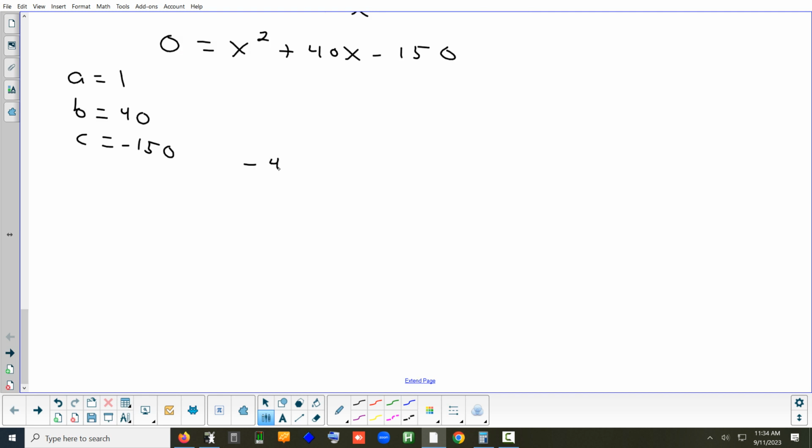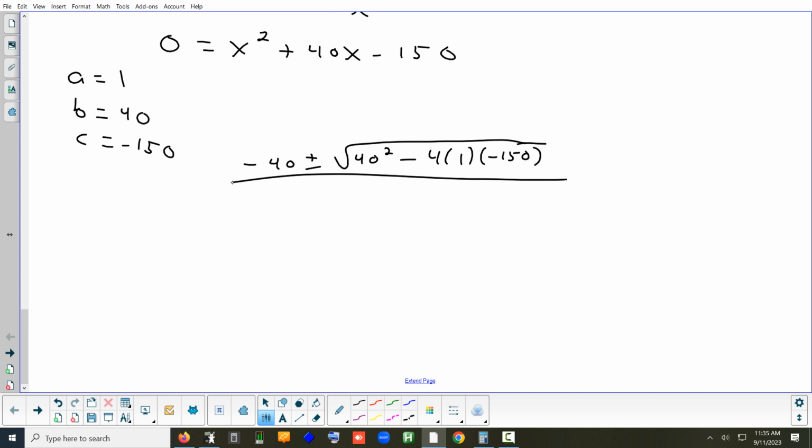So we got negative b plus or minus the square root of b squared minus what comes after the b squared? 4ac. Good. And that's all divided by 2a. But in this case, a is 1.